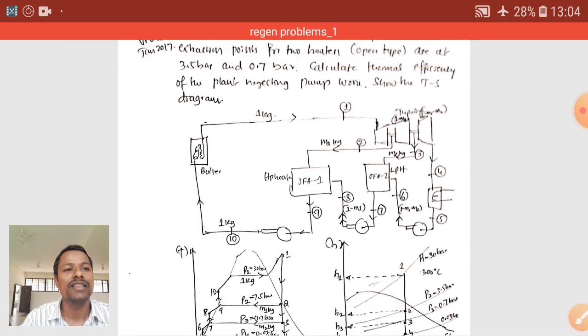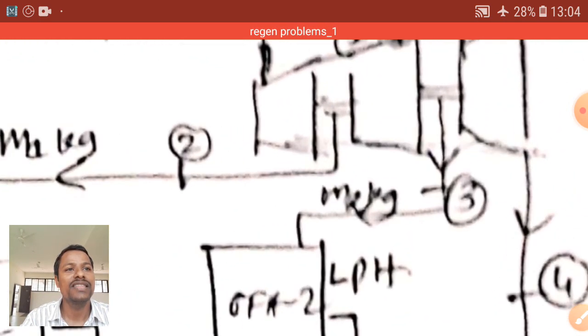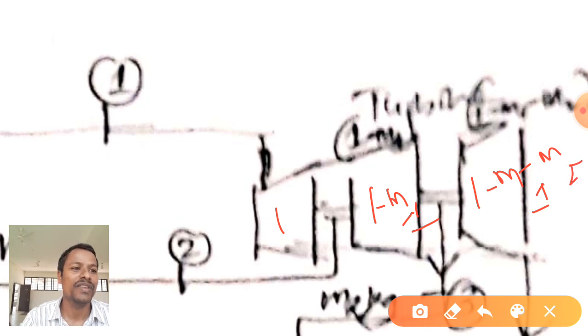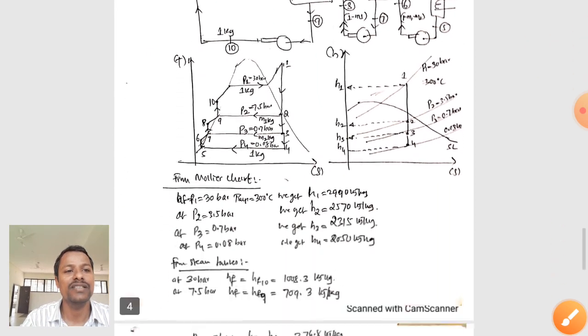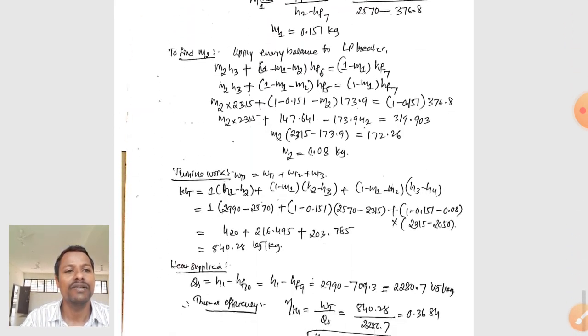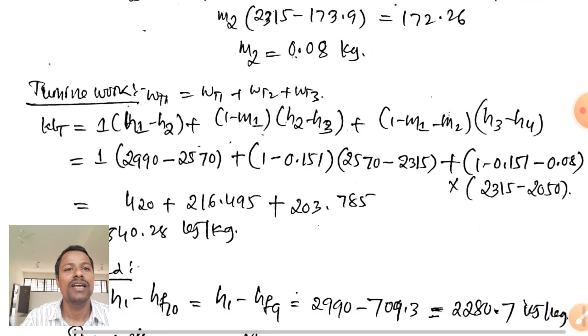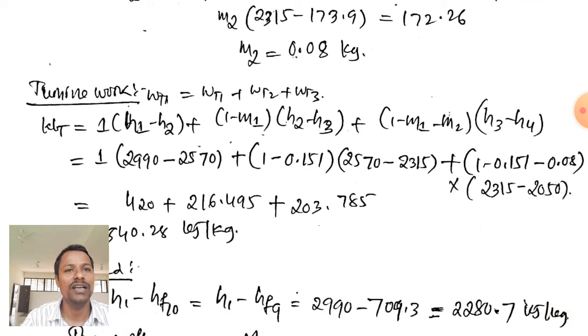So in all the 3 stages, I have 1 kg here, here I have 1 minus M1 kg flowing, and here I have 1 minus M1 minus M2 flowing in the third stage. The same enthalpy values and equations I have used, and we substituted the known values.